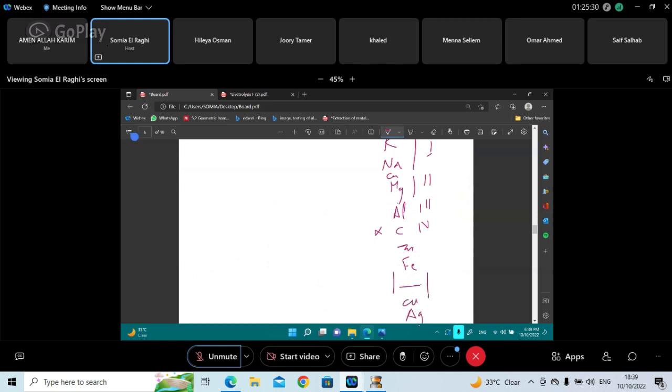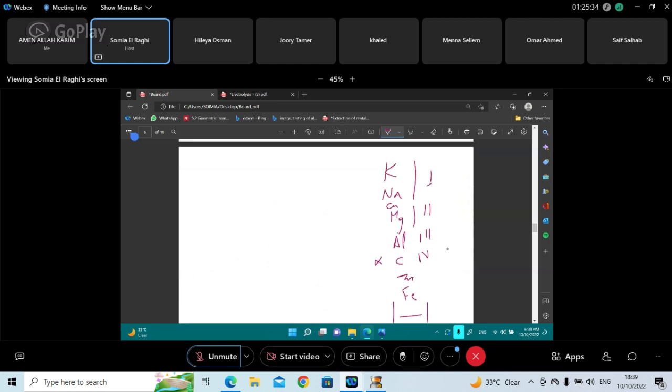Even though it is not ions, it's just metal. All right? So assume I have potassium and aluminium as two electrodes here. So the direction of current will be from where to where? Potassium to aluminium. From the most reactive one to the least reactive one.